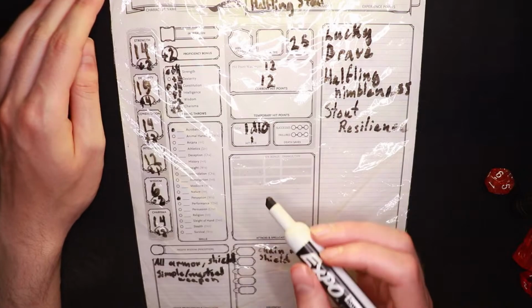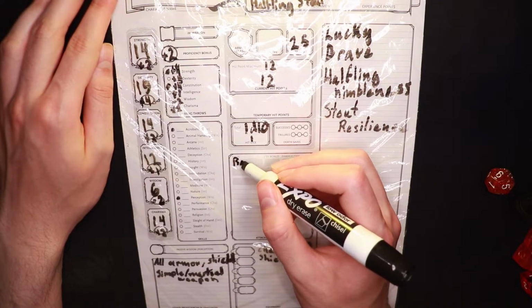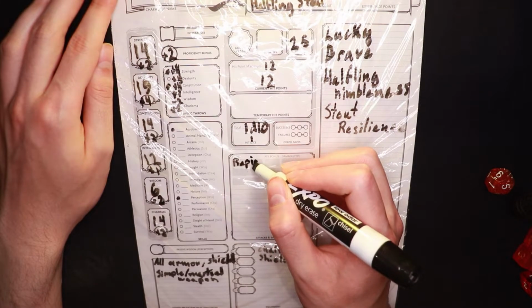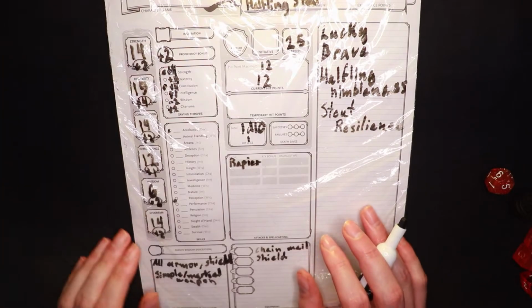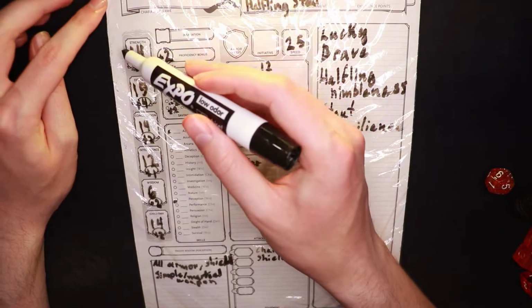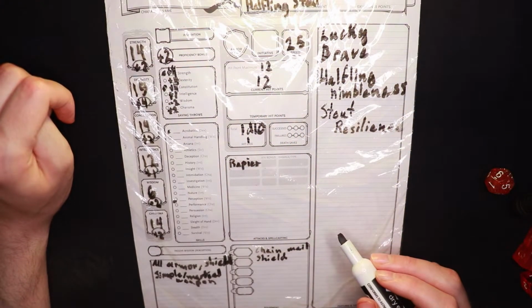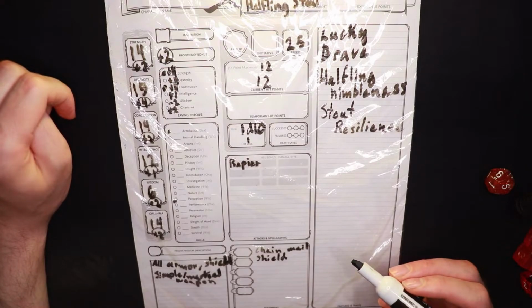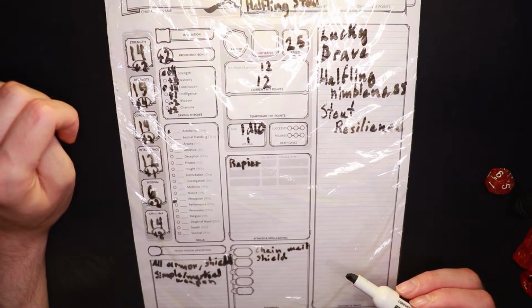Yes, the rapier will be our choice, because the rapier can use dexterity for the attack. So, most weapons use strength to attack, but if you have a weapon with finesse, you can use your dexterity instead. Rapier is one of them.